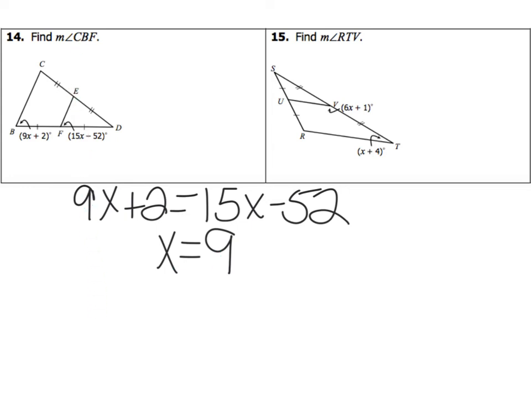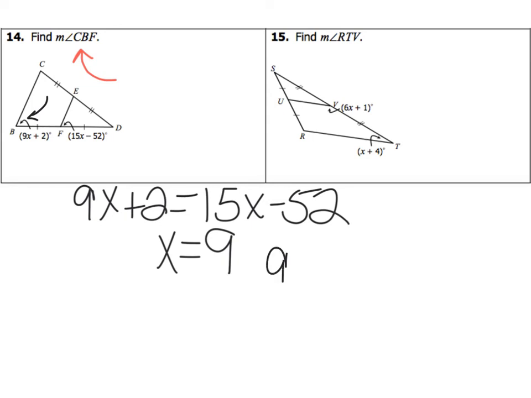Take a look at this. It says find the measure of angle CBF. So C to B to F. Remember, we always want to concentrate on the letter in the middle. So if we go from C to B to F, what we're really doing is we're concentrating on this angle in here.